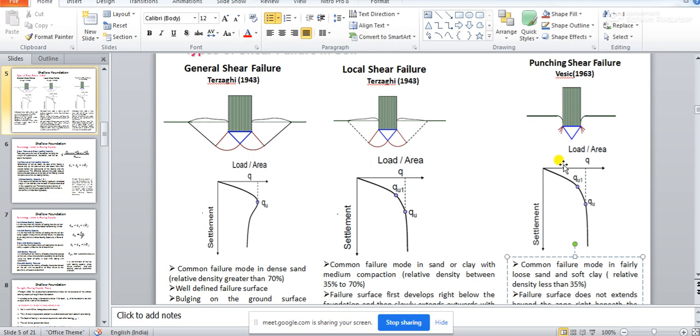So if you understand now the three different shear failures of soil, categorically general shear failure, local shear failure and punching shear failure, the differentiation between these three can be given in terms of the relative density of soil, then in terms of the different failure zones developed beneath the foundation, then the difference between the bulging surfaces coming out above the ground surface, and the load settlement curve for each case.